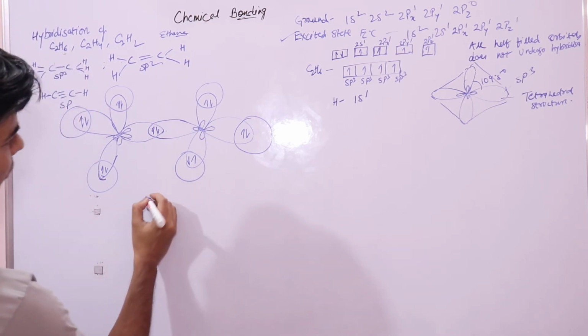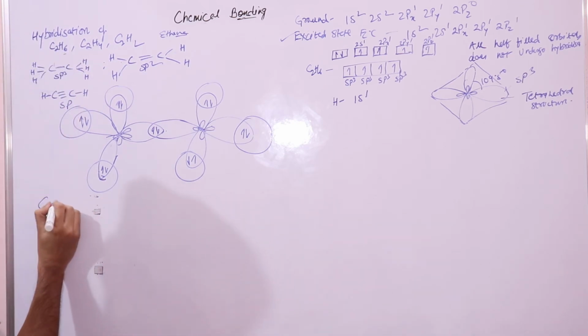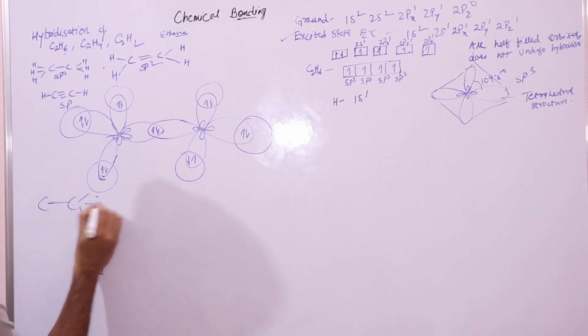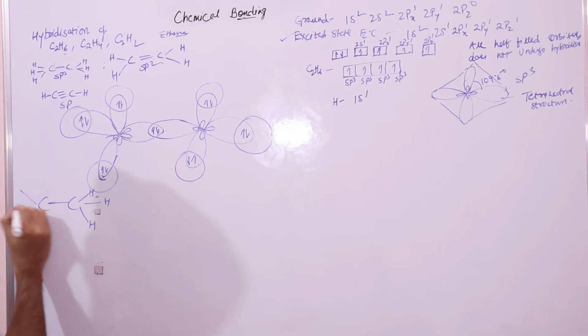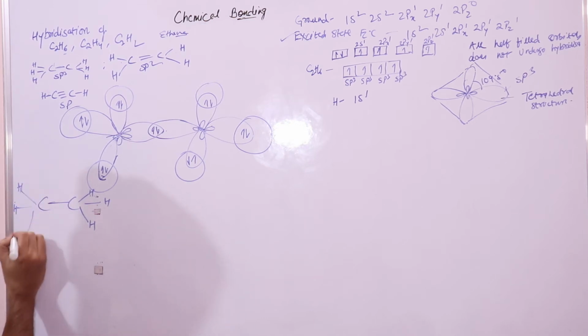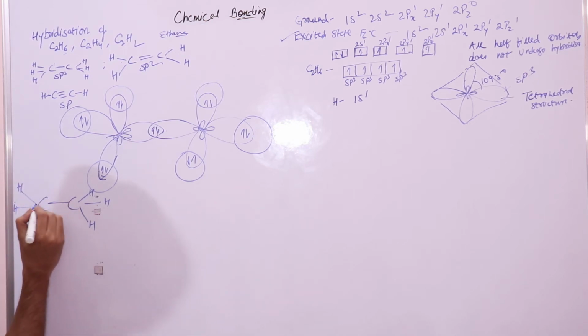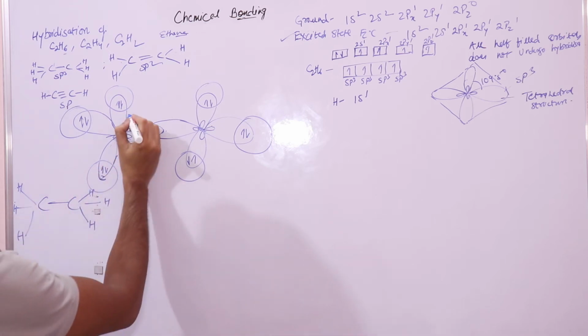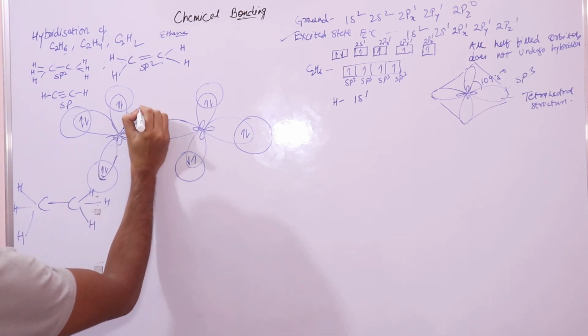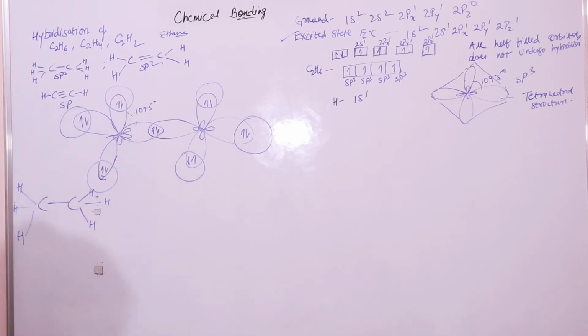So if you draw it here, it looks like this, right. And angle between any two hybrid orbital is 109.5 degree, right, which is a tetrahedral angle, right.